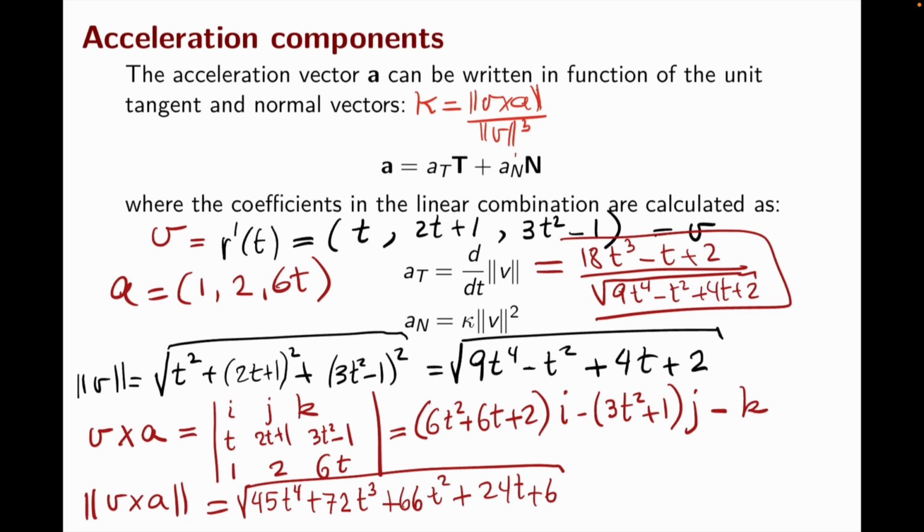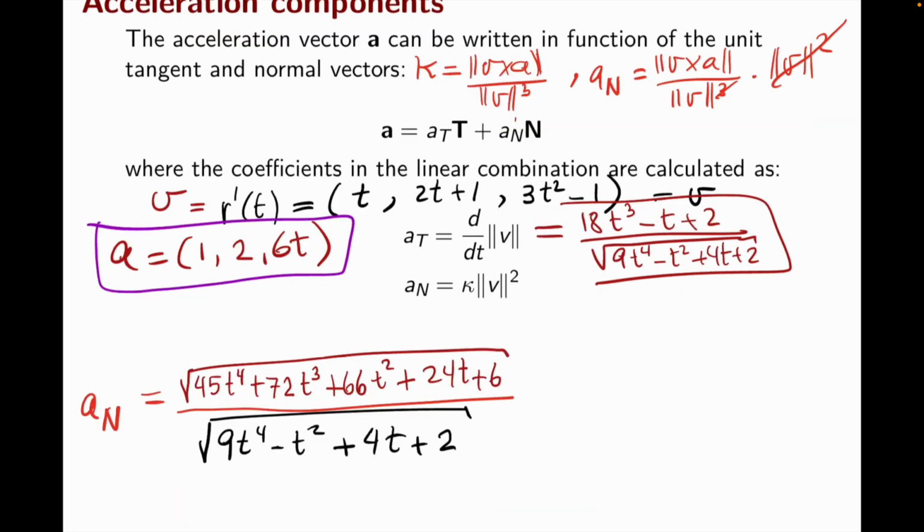And so when we have to multiply here, we are going to have to multiply by v squared. So at the end of the day, this is going to cancel with this, and we're going to get just v times a divided by v, which is just this divided by this.